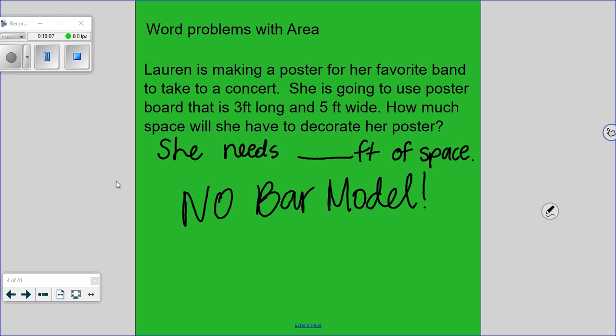Yeah, how many lengths and widths did it give us? It gave us 5 wide, so width, and then 3. Yeah, so I have the measurement of 2 sides. How many sides does a triangle have? 3. Is that going to be a triangle? No. What shape do you think my poster is going to be?